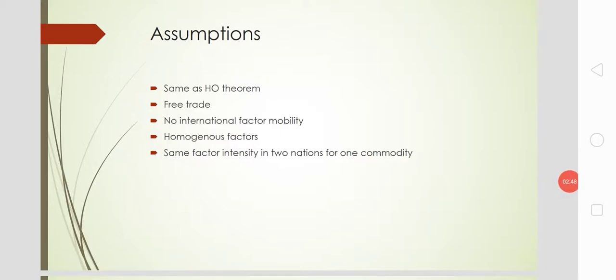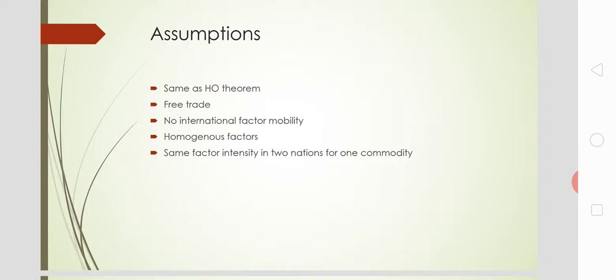Before going into the details, let us look at the assumptions first. So as I said, this factor price equalization theorem is in line with the Heckscher-Ohlin theorem. So all the assumptions of Heckscher-Ohlin theorem are also the assumptions of factor price equalization theorem as well.